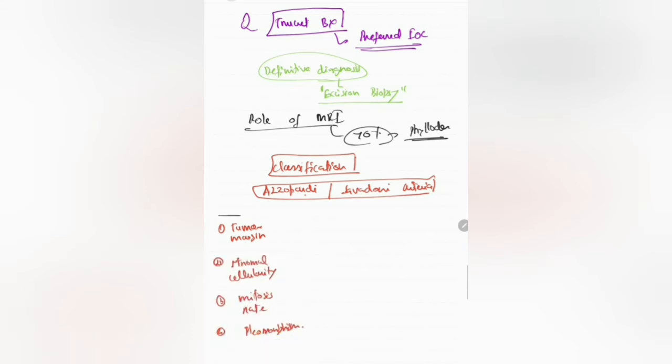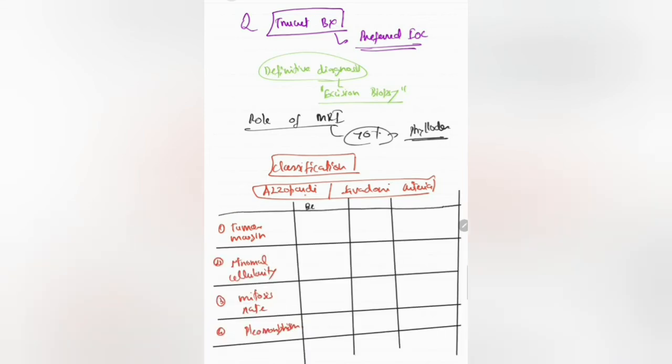They classify into 3 types: benign, borderline, and malignant.